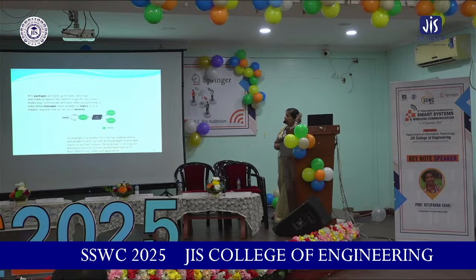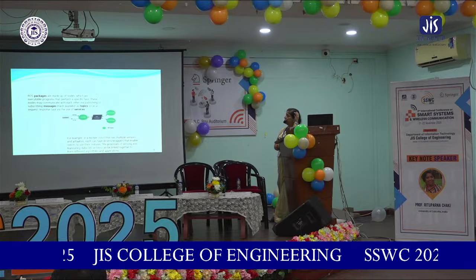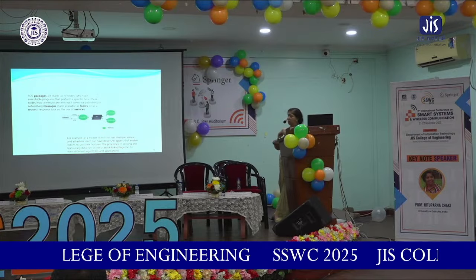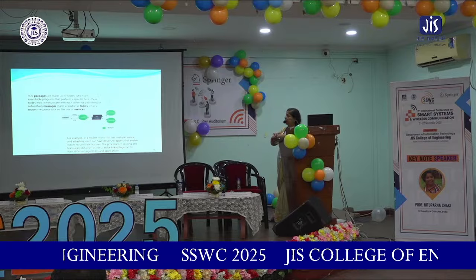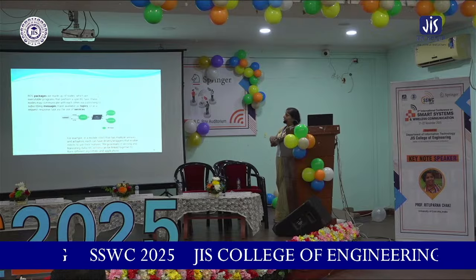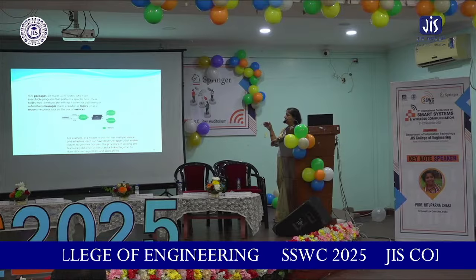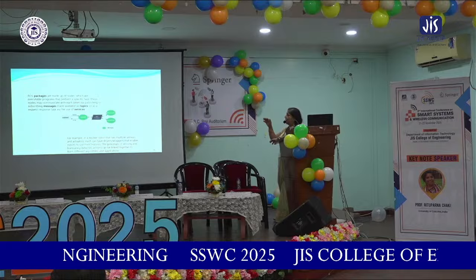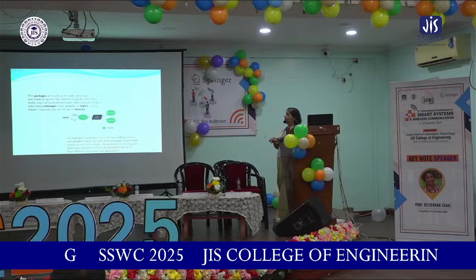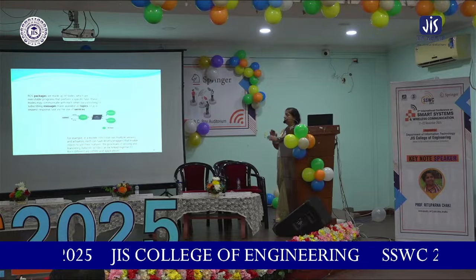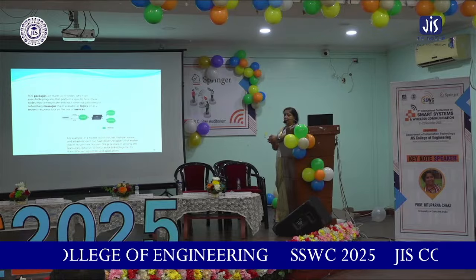ROS packages are made up of nodes, which are executable programs performing specific tasks, and they have applications or algorithms. If a mobile robot has multiple sensors and actuators, each can have drivers or wrappers that enable the robot to use their features.